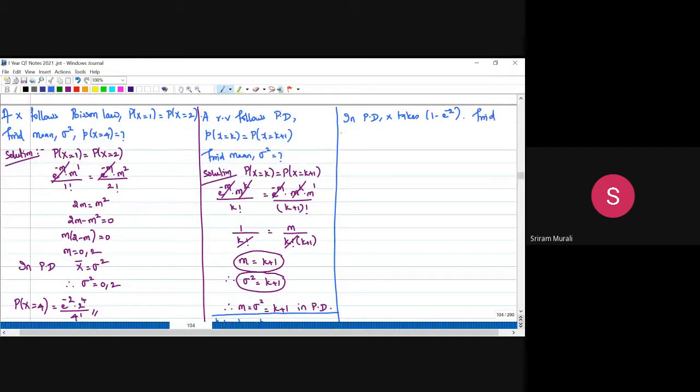Sorry, find the mean, probability of x lies between -1 and 1.5. How do we solve this problem?